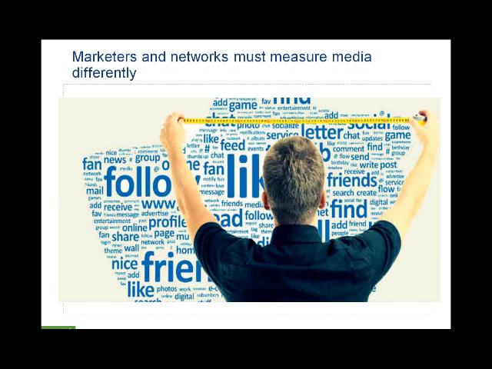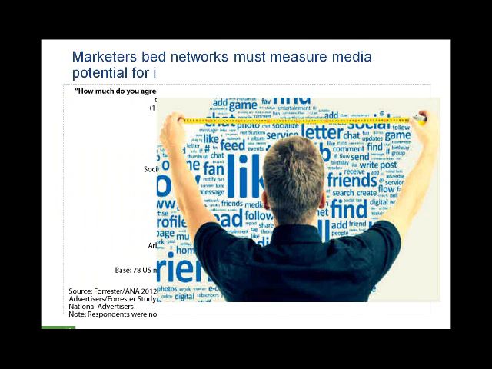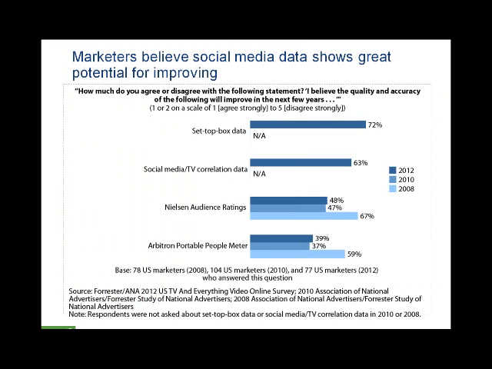And so with all of this, with the way that media is going to be sold, and the fact that marketers are planning to spend more here in 2012, well, marketers and networks must measure media differently. And so marketers believe that social data shows really great potential for improving.